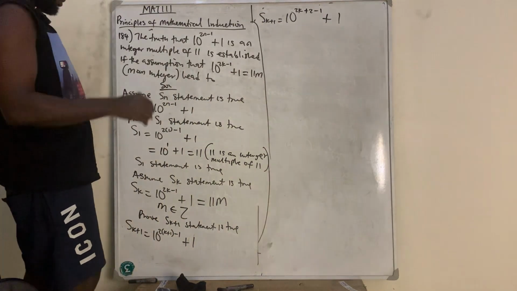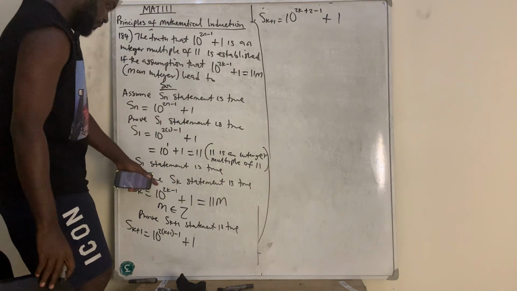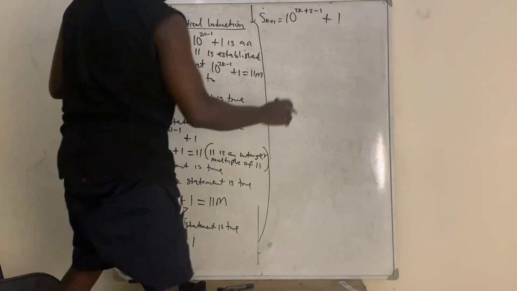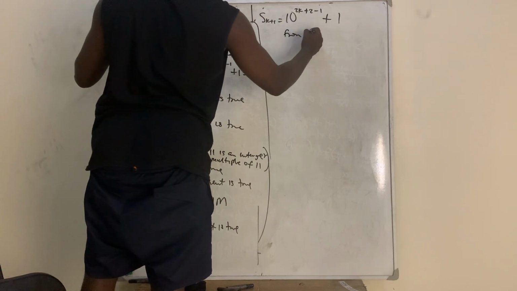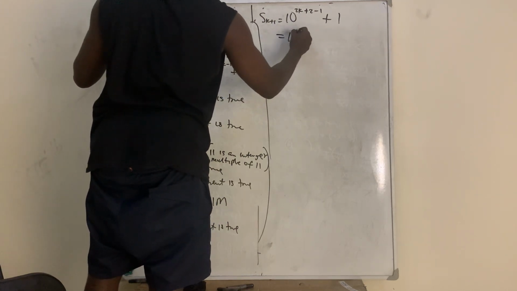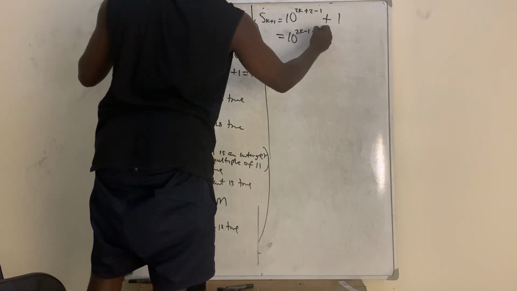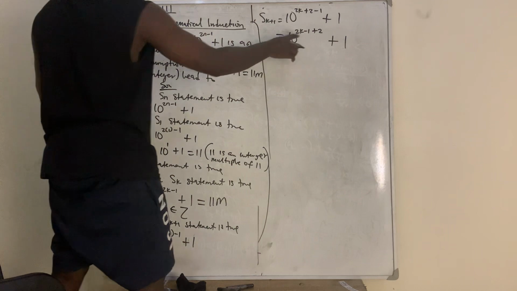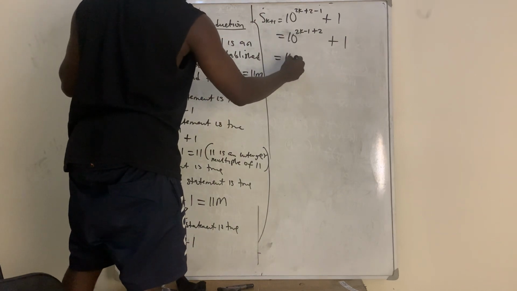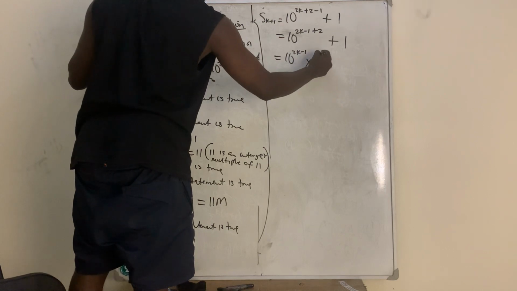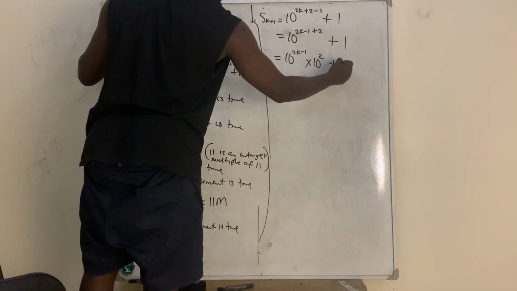Okay? Now, there is something I want to show you. I want to make 2K. From SK, okay, let me continue. This is equal to 10 raised to power 2K minus 1, then plus 2, then plus 1. Now, if you separate this, it's going to be 10 raised to power 2K minus 1 times 10 raised to power 2, then plus 1.